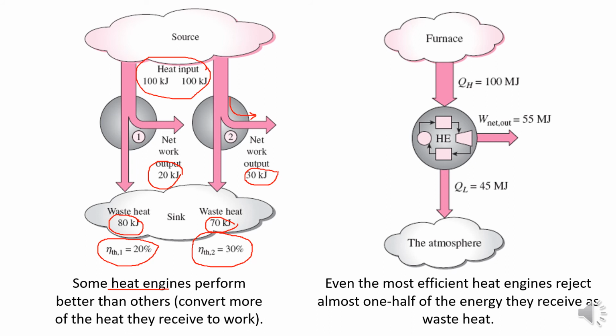So for example, if you have a furnace going to a heat engine, and the heat engine converts the heat input to a work output of 55 megajoules, the heat released is 100 minus 55, that will be 45 megajoules.